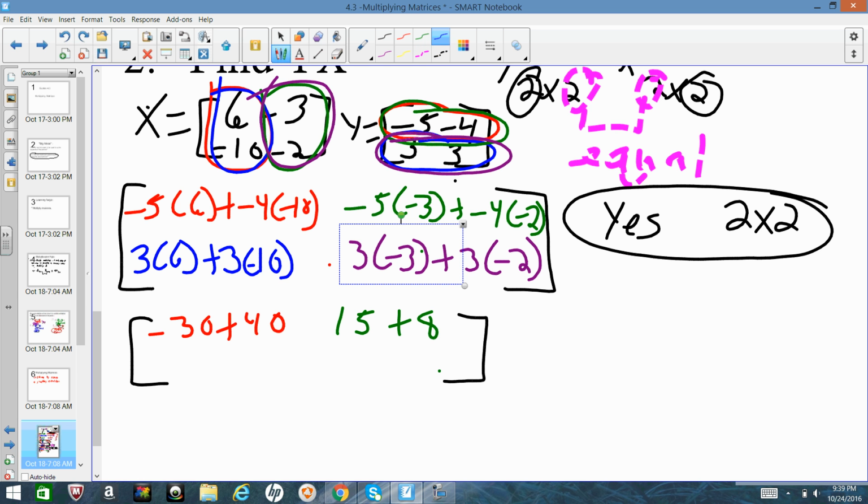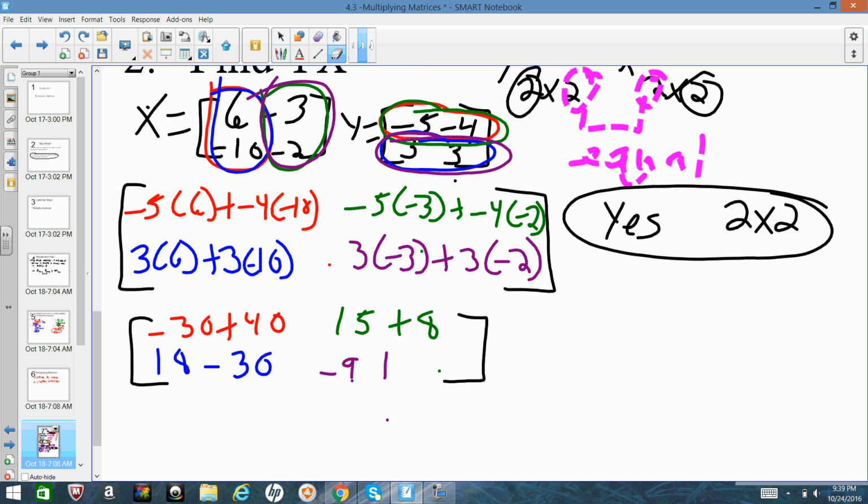In blue, I would have 3 times 6, which is 18, minus 3 times 10, which is 30. And finally, in purple, I would have negative 9, minus 6.